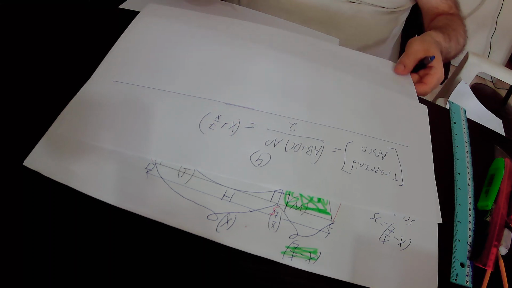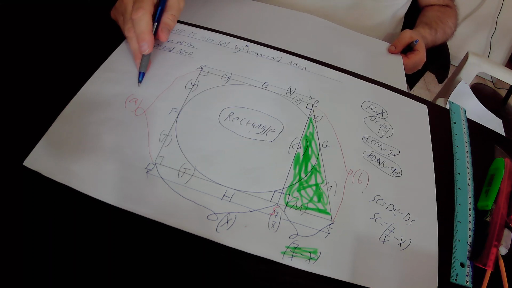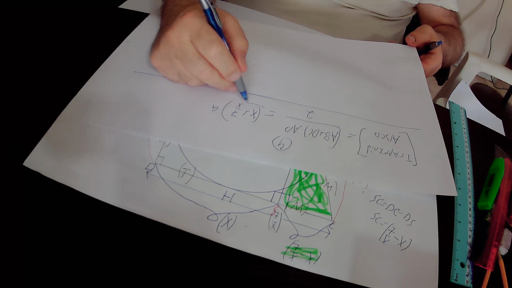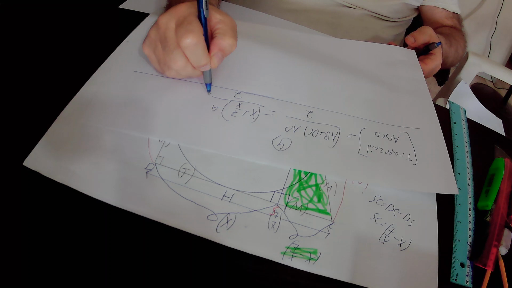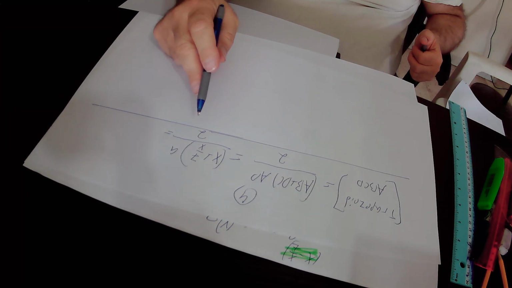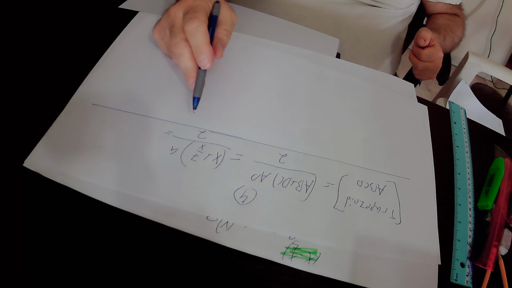AD is the height. So AD, according to our definition, equals A. So AD is A, divided by 2. In conclusion, we found that the area of trapezoid ABCD equals x plus 7 over x times A over 2.